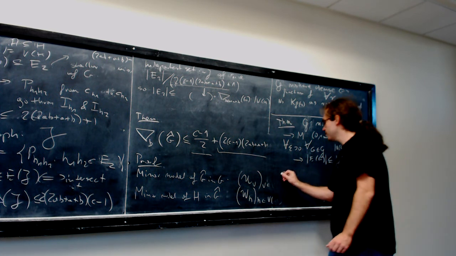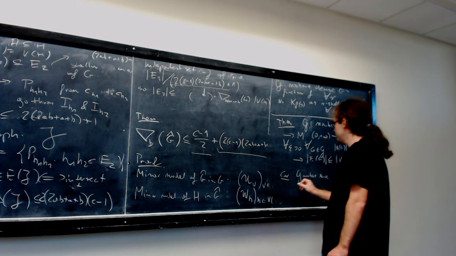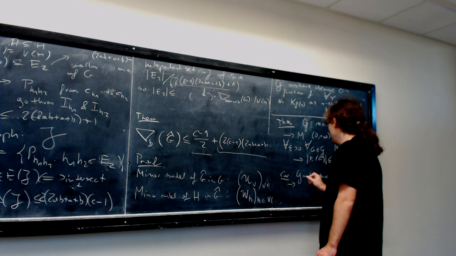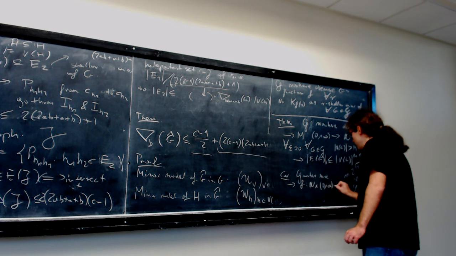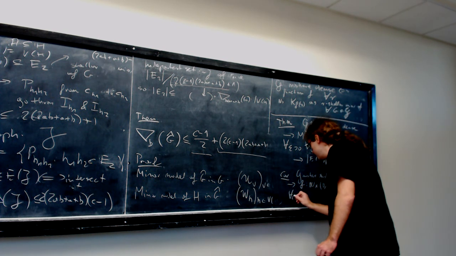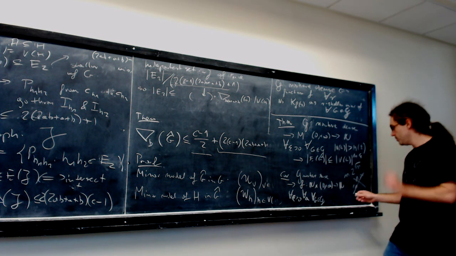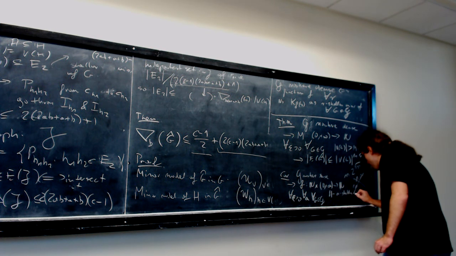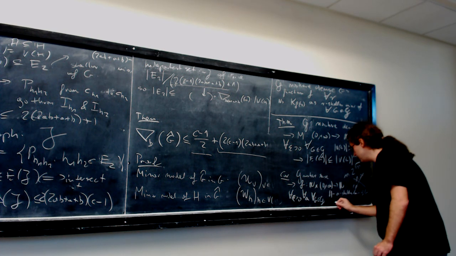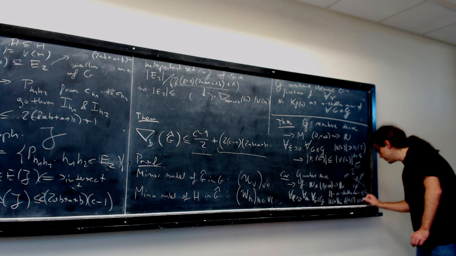I want to write it this way. If G is nowhere dense, then there is a function f which takes an integer and an epsilon greater than 0 and gives an integer, such that for every epsilon greater than 0, for every integer a and for every graph G in this graph class, if H is an a shallow minor of G, then the number of edges of H is at most f of a and epsilon times the number of vertices of H to 1 plus epsilon.